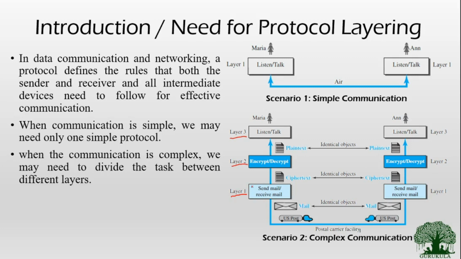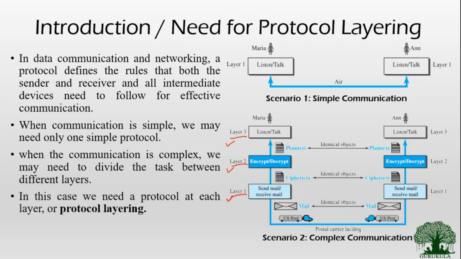That is where we require 3 layers of protocol for effective delivery of my messages. As you could visually realize, when a complex communication is getting established, we definitely require more protocols working together so as to ensure the effective delivery of the messages from one point to another point. So this is the reason why we go for protocol layering.